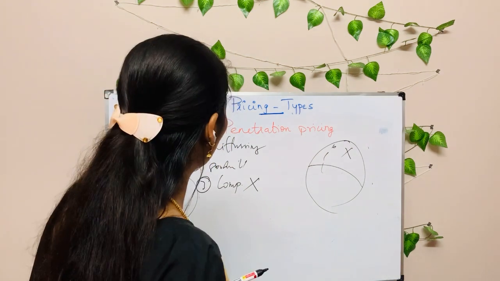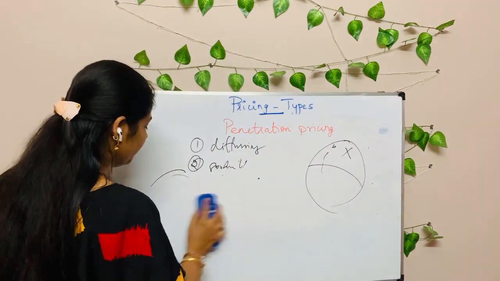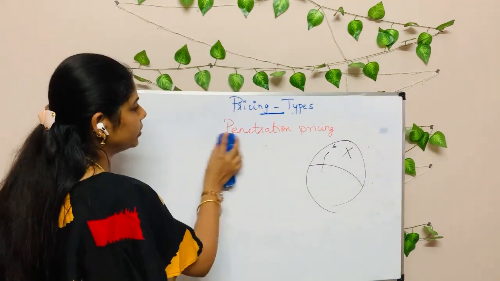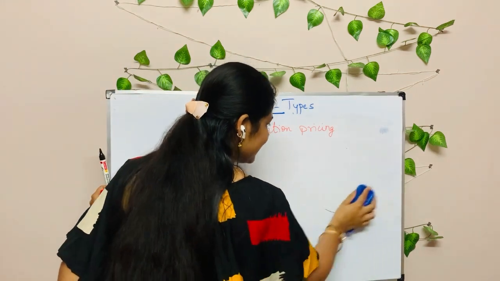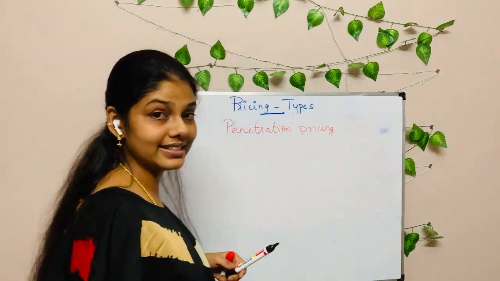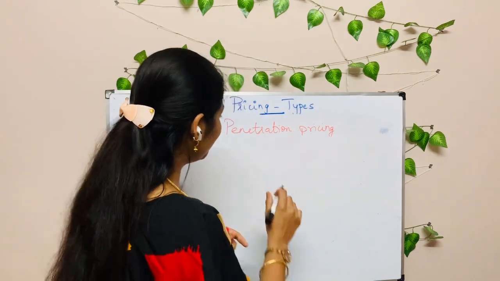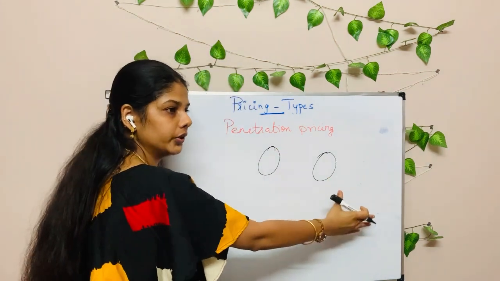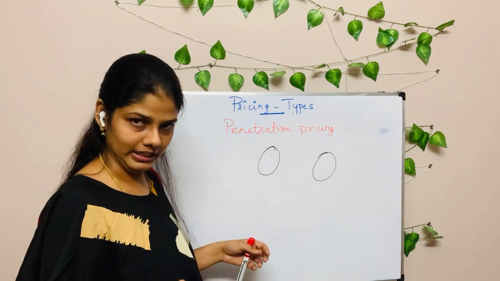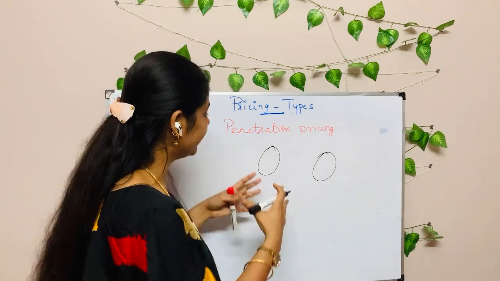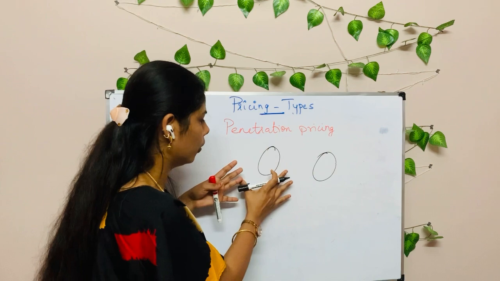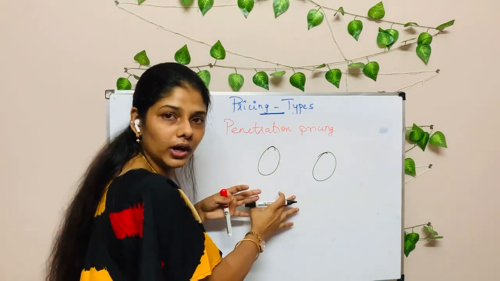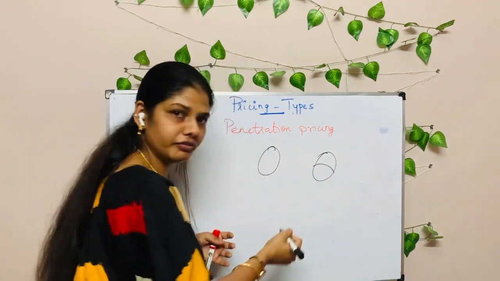So let us discuss the disadvantages of penetration pricing. The disadvantage is the same thing we saw in the very first point as an advantage. There are 2 circles here. There was one group of people using a product or experiencing a service, and when they came to know they could get something very cheap, people started diffusing.